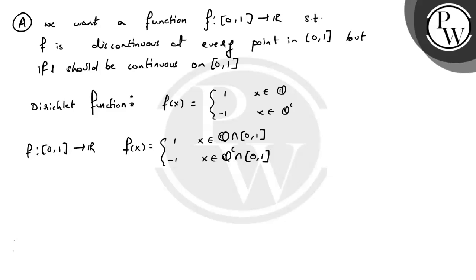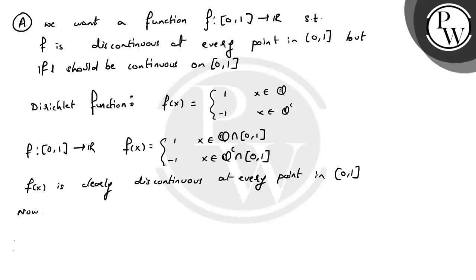Now you see function f(x) is clearly discontinuous at every point in the closed interval 0, 1.